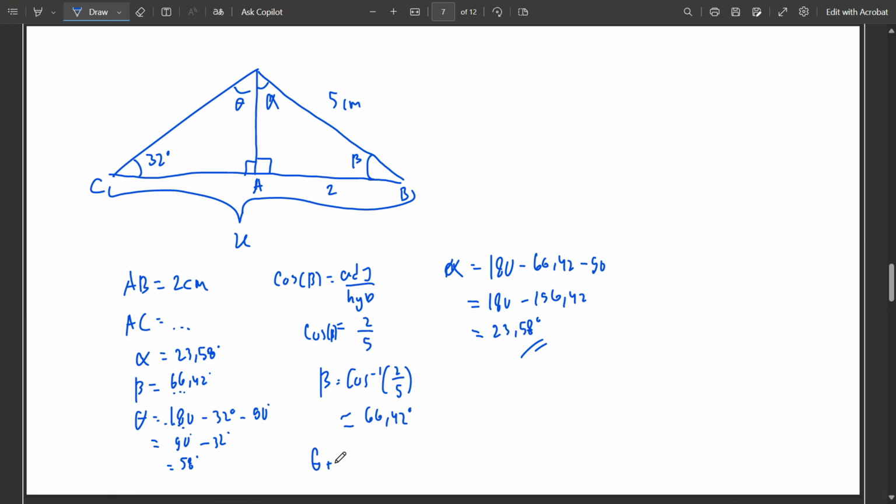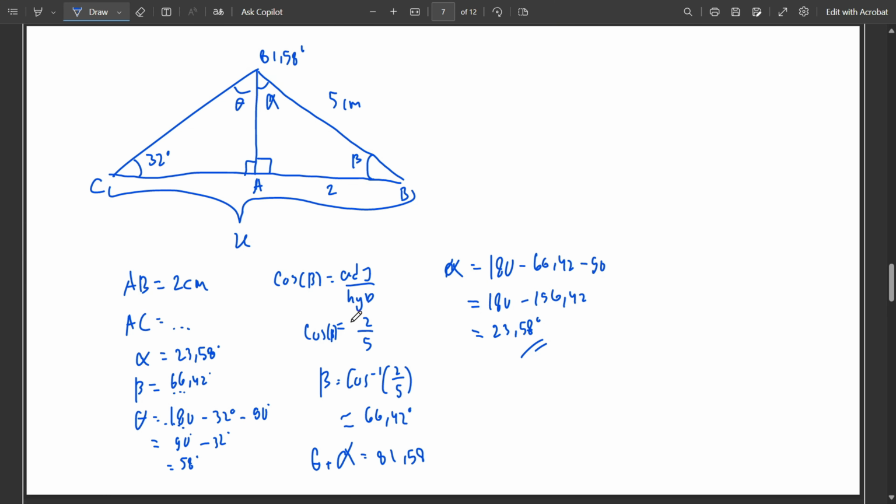So theta 58 plus our alpha 23.58 is 81.58 degrees.